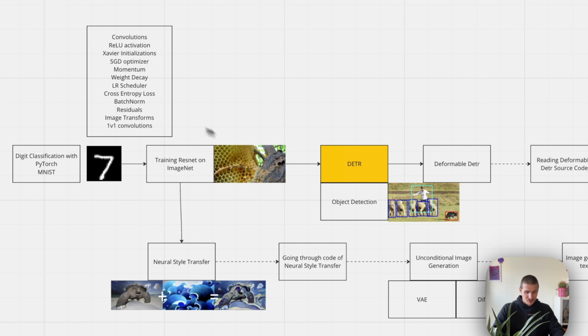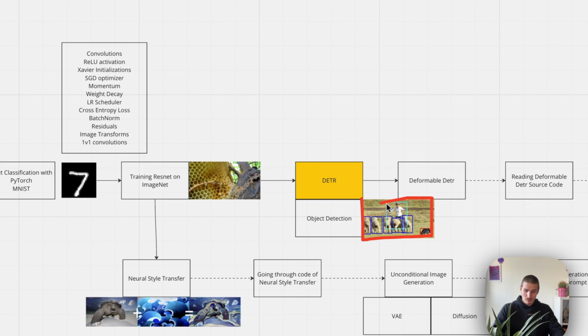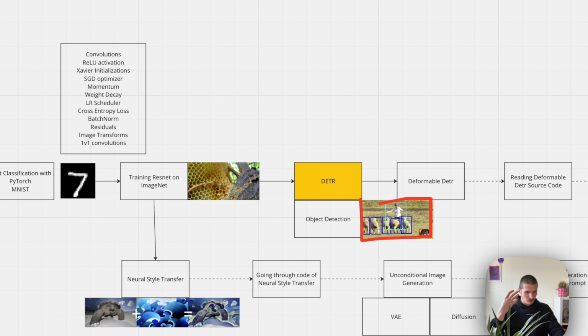Then we moved on to object detection. That's when you might have several objects in the picture and you need to draw bounding boxes to say where every object is, apart from just classifying it. We discussed YOLO to do that. We discussed DETR, which was maybe not a good model, but a good fundamental way to do object detection.